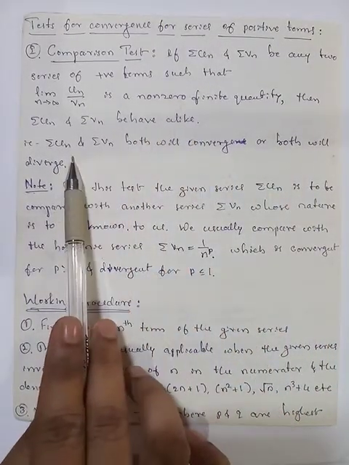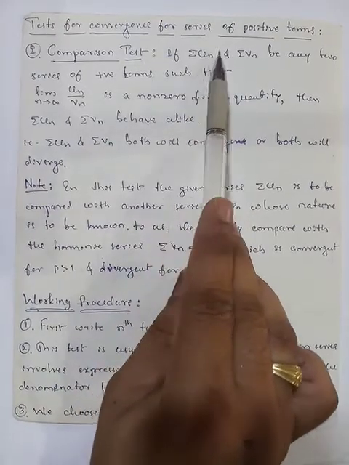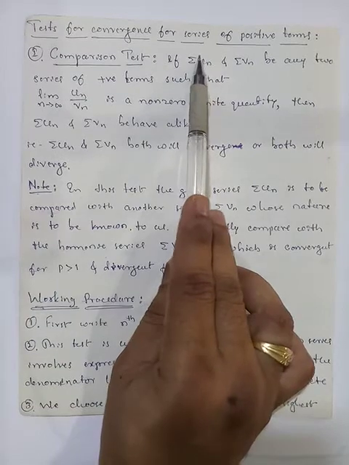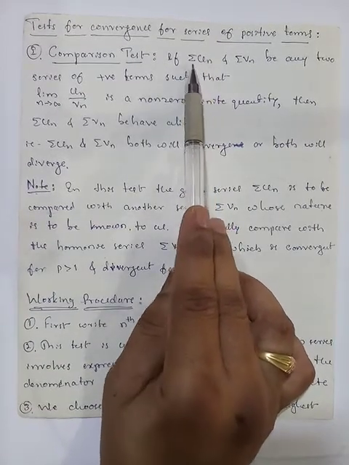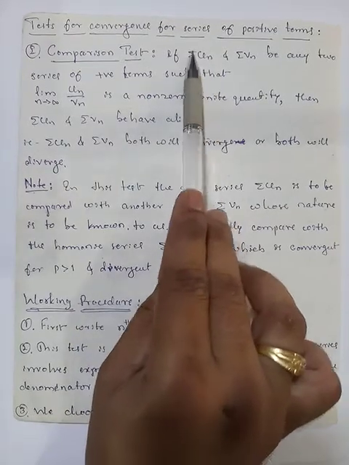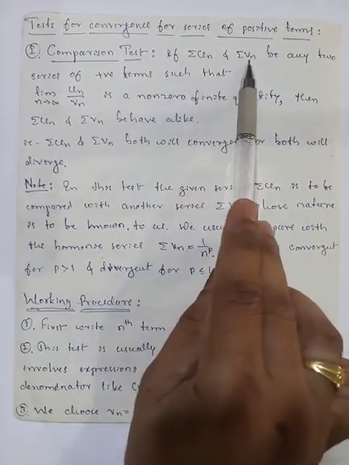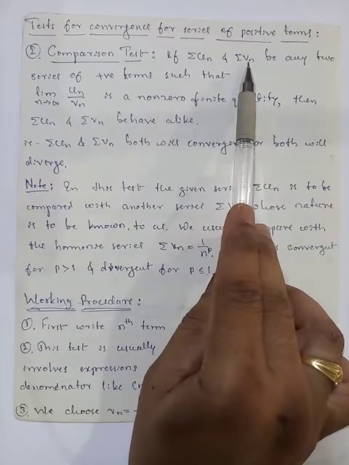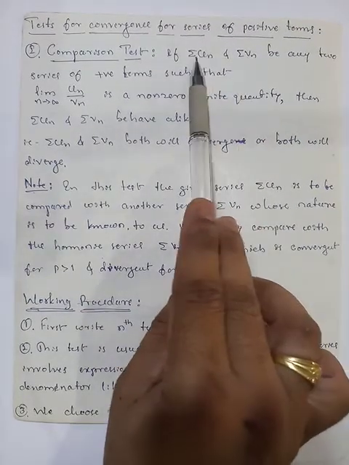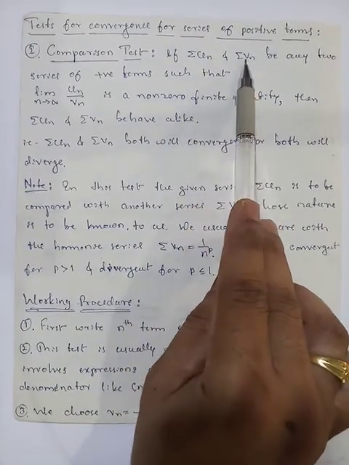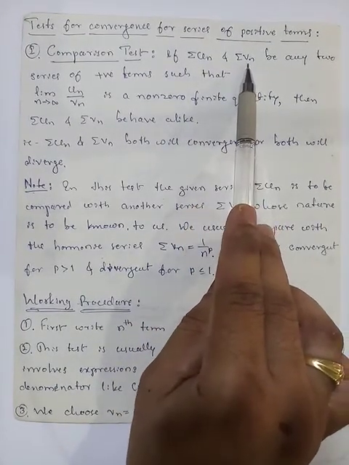Actually this summation un is the given infinite series. From this un we find vn. In the next step I will tell how to find vn. The un will be given in the problem, and from that we obtain vn.